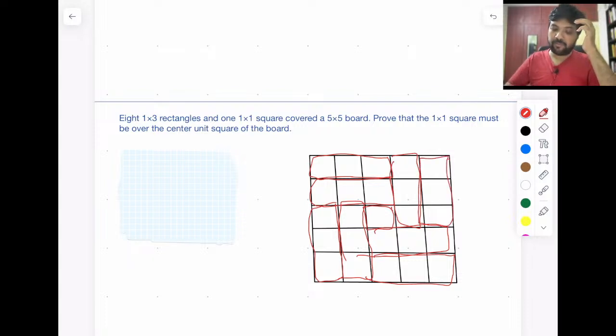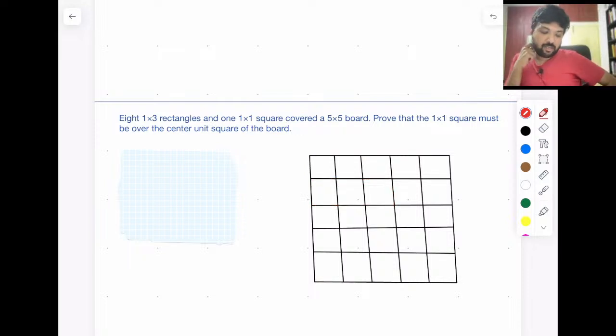Okay, by keeping the 1 cross 1 in the middle, it is possible actually to tile eight 1 cross 3 rectangles and one 1 cross 1 square. Now we have to argue that the 1 cross 1 square has to be at the center unit square of the board.